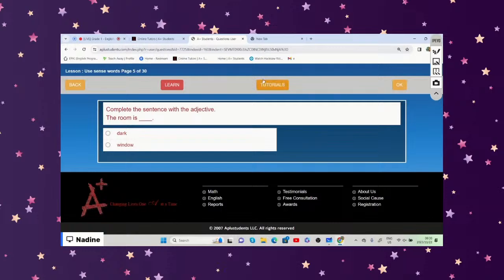All right, so we can then say the room is dark. So the room is dark, yes, because of, let's say, the windows are dark, right?